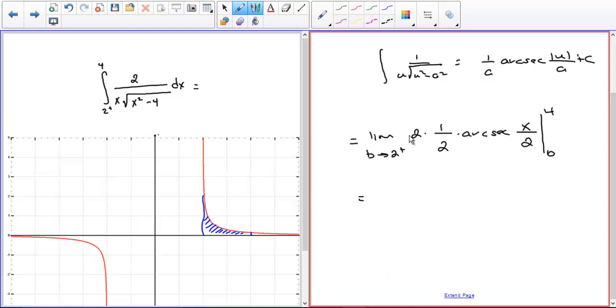So we can cancel those out, and then we'll evaluate the integral by plugging in the upper limit. So we end up with the arc secant of 4 divided by 2 minus the arc secant of b divided by 2.